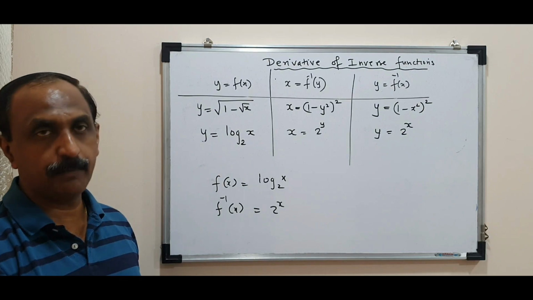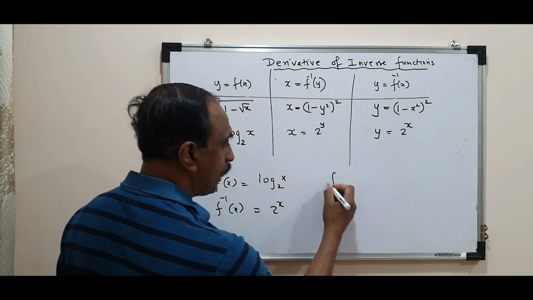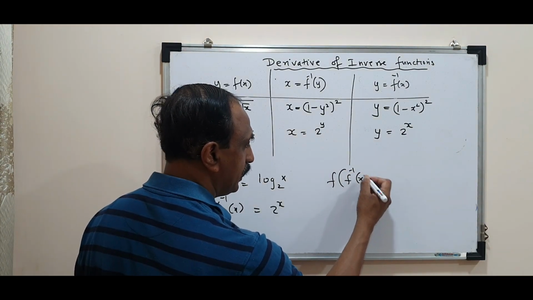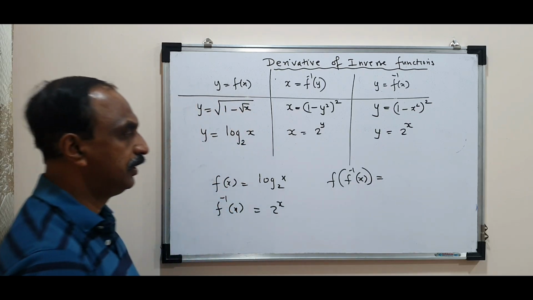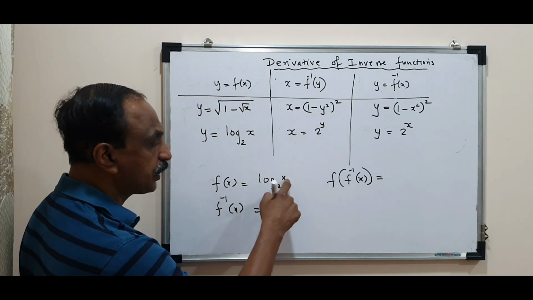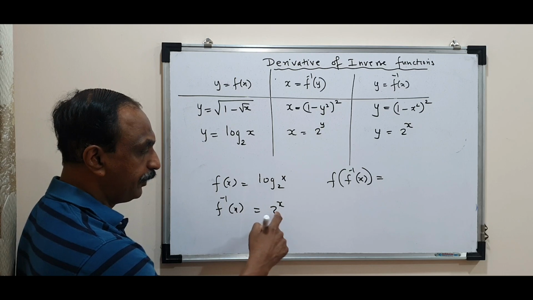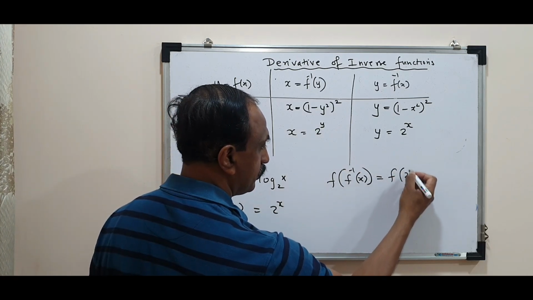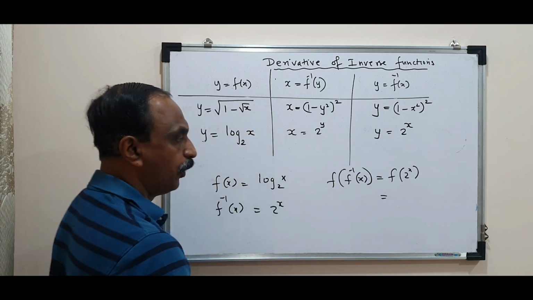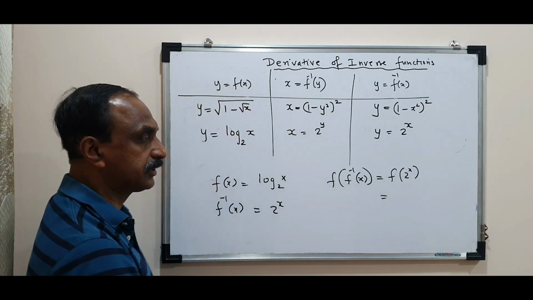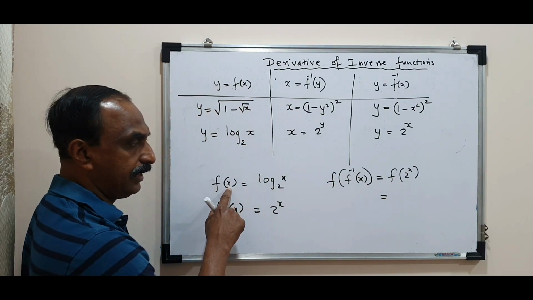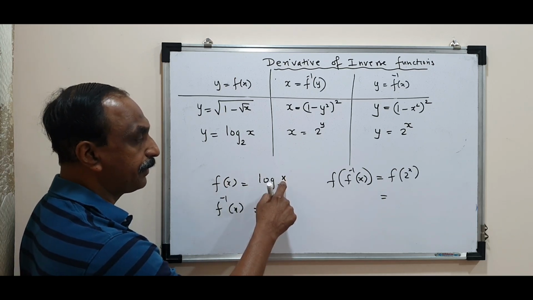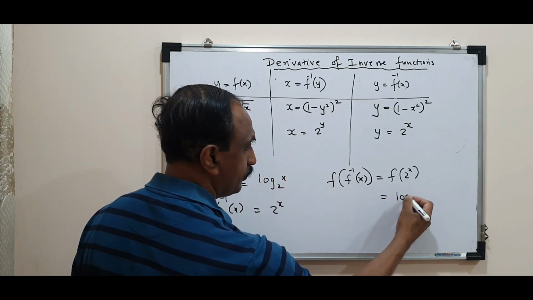Now one beautiful thing I'm going to show you. Let's calculate f of f inverse x and see what will happen. You know that f of x is log x to the base 2 and f inverse is 2 raised to x. So I'm going to replace this by 2 raised to x. Now what does f of 2 raised to x mean?